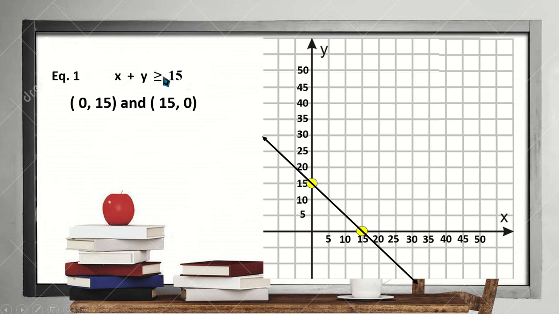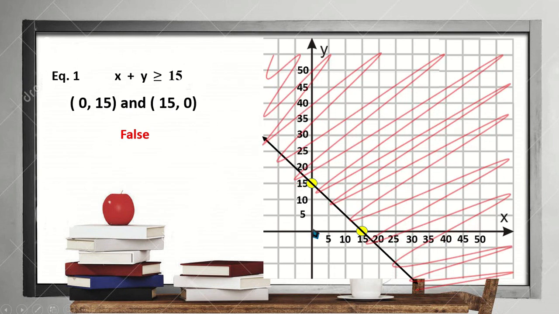Kasi yung inequality natin ay greater than or equal. So, merong equal sign. Okay? And then for test the origin, ang lumabas kanina ay false. So, ibig sabihin, ang isi-shade natin ay wala si origin. So, ito si origin, so ibig sabihin ang isi-shade natin yung kabilang part.